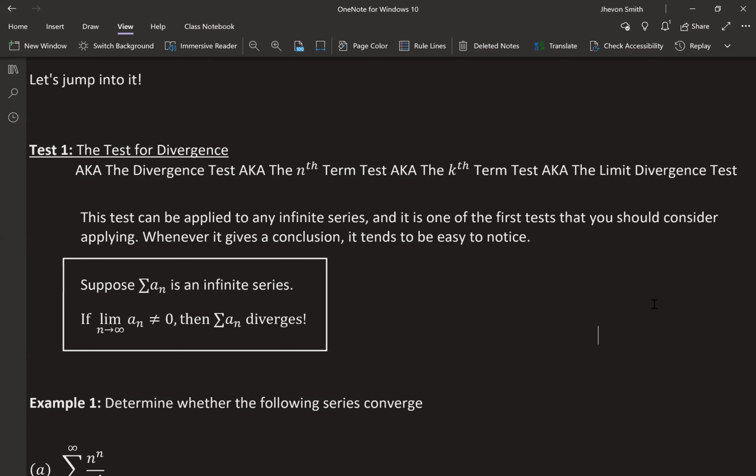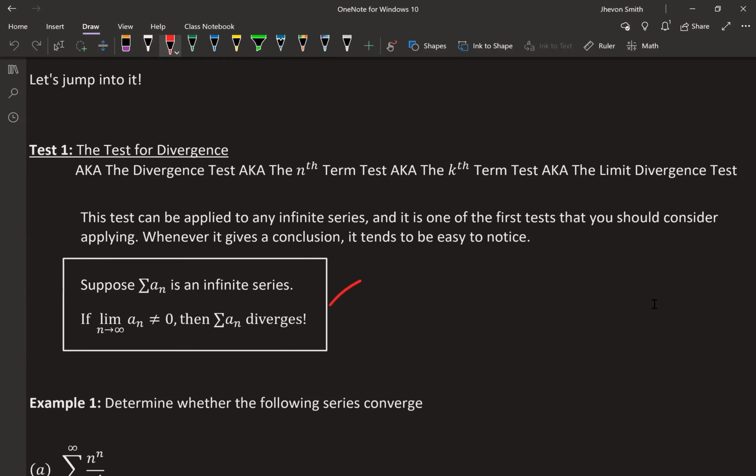Now, as its name suggests, this is a test that's going to tell you about divergence. I want you to recognize that it cannot tell you about convergence. It can only tell you about divergence. That is important.